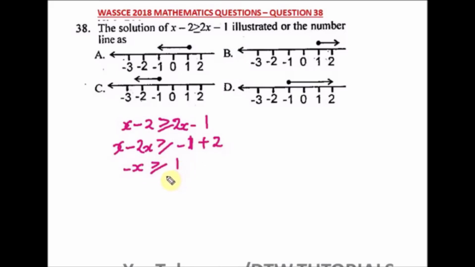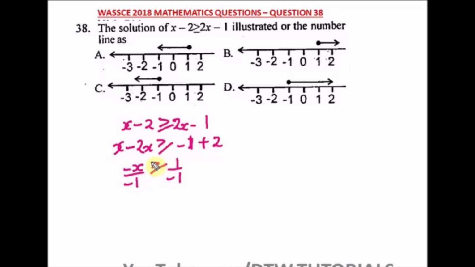Okay, so it means that we have to divide both sides, to cancel out this negative here, by minus 1. And remember, when we're solving inequalities, when you divide by a minus sign, your inequality sign will change.